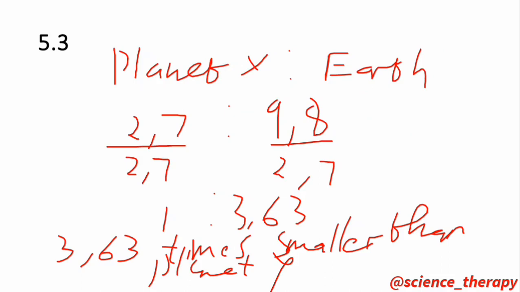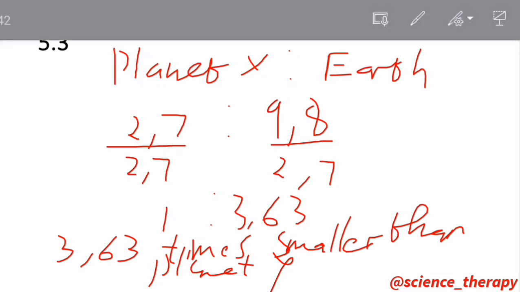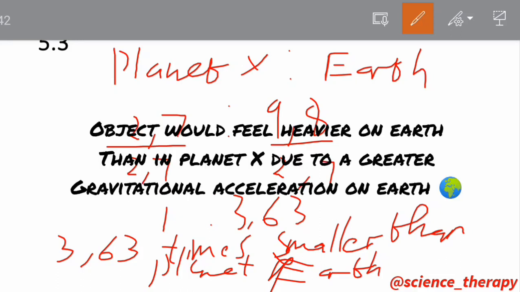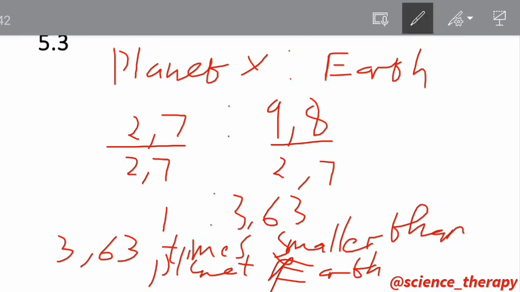So the weight on planet X will be 3.63 times smaller than on planet Earth. In other words, the same object would feel much heavier on Earth than it would on planet X, right?